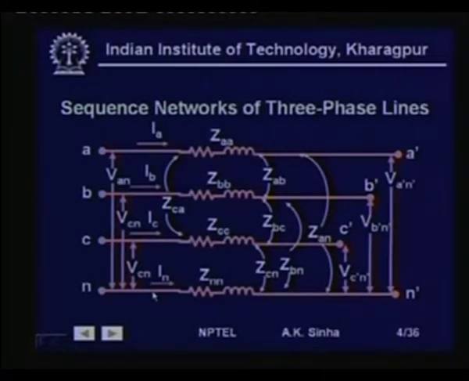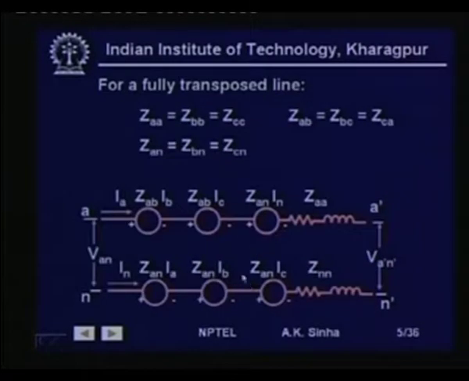So, the voltage from here to here can be shown like this. For the phase A conductor, the current IA is flowing, and ZAB into IB is the drop here.